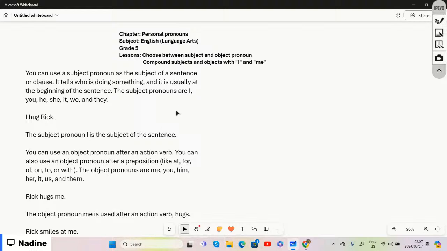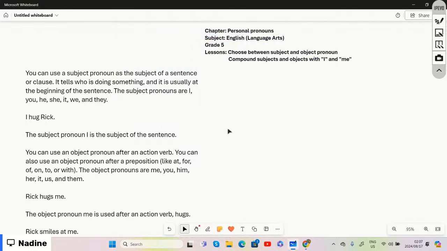You can use a subject pronoun as the subject of a sentence or a clause. It tells who is doing something, and it is usually at the beginning of the sentence. The subject pronouns are words like I, you, he, she, it, we, and they.